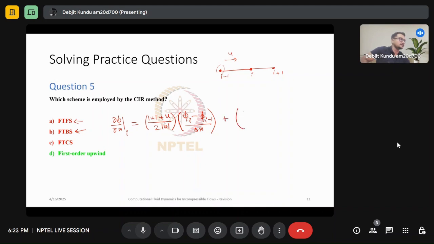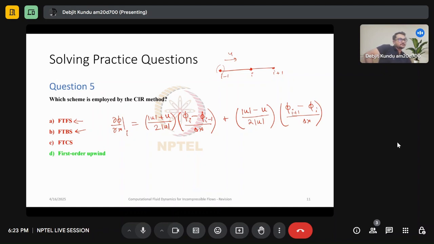And for the other scenario, when u is negative, or in the other direction, then you take the difference between mod u and u and divide it by 2 mod u, and in this case your upwind point is I plus 1, so you write the derivative as phi i plus 1 minus phi i divided by delta x.